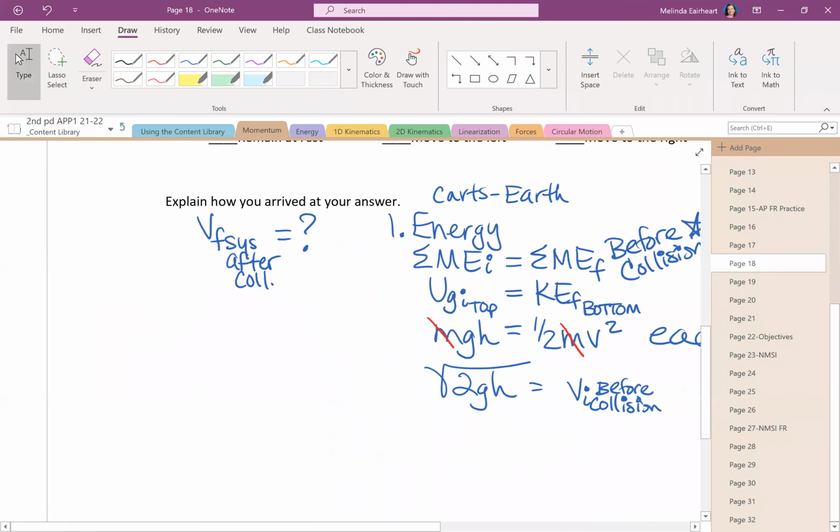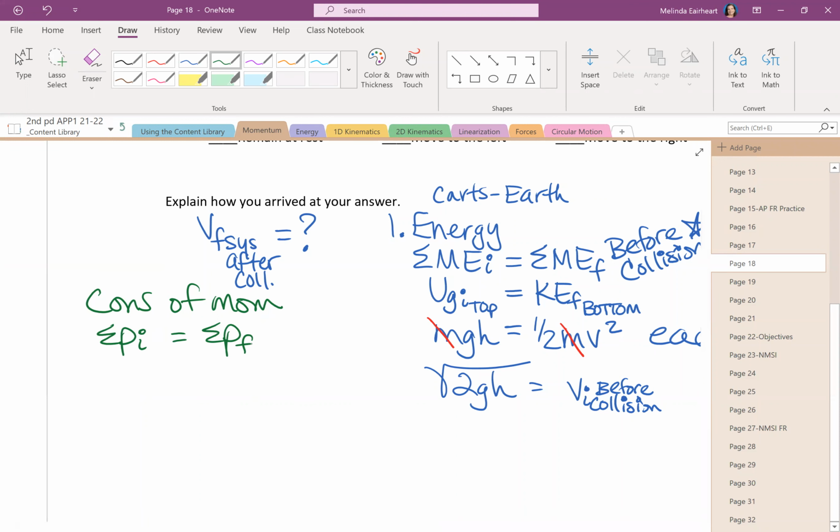Momentum. And so now let's do conservation of momentum, since we said there are no net external forces that are going to do impulse on the system. And so the net initial momentum equals the net final momentum. We're not going back to the top of the ramp. This is all now at the horizontal part in the middle. Before the collision, who has momentum?